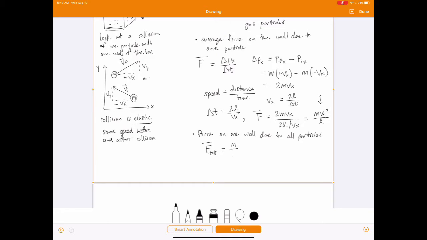By the way, m divided by L is going to appear in every single term in the sum, so I'm going to pull that out. But then I have v1x squared plus v2x squared plus, and this might be a huge sum, so let's just say dot, dot, dot. The last one is vnx squared. That's how we sum over all the different particles. Okay, and if we do that, we get the average force on that wall due to all the particles.